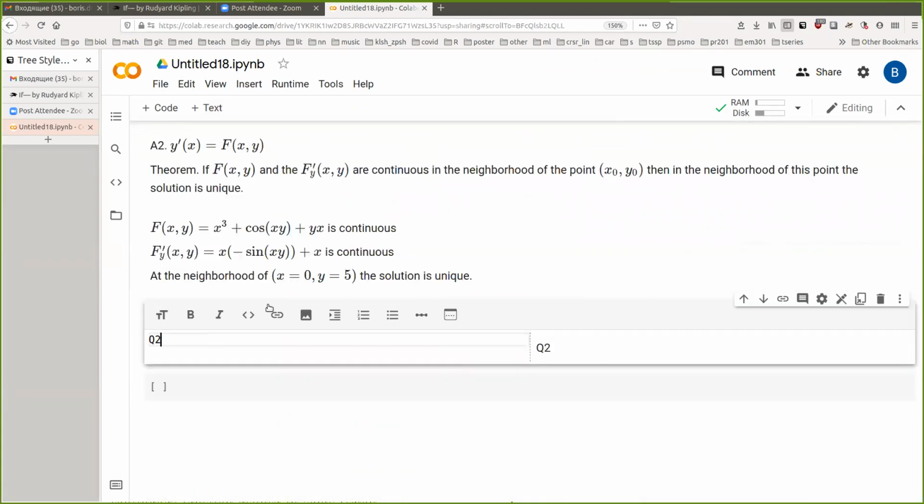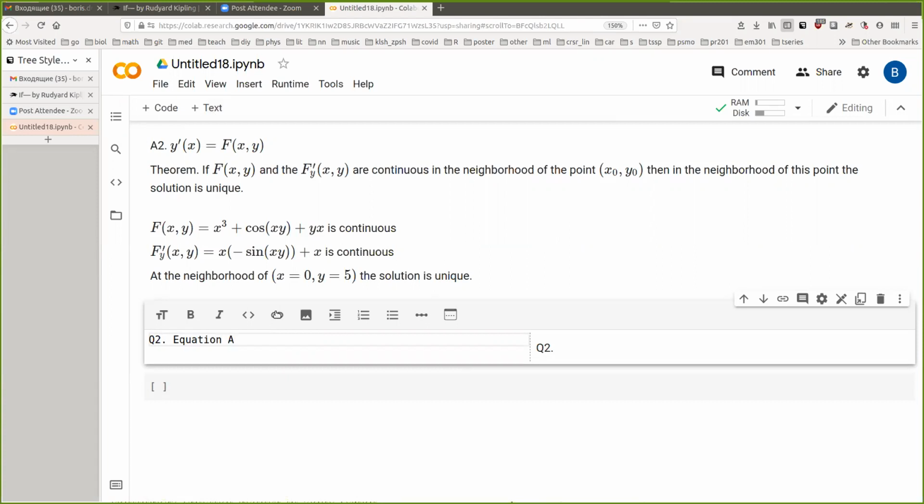Okay. Let's solve two equations. They will be quite similar, but with a subtle difference. I will have two equations.